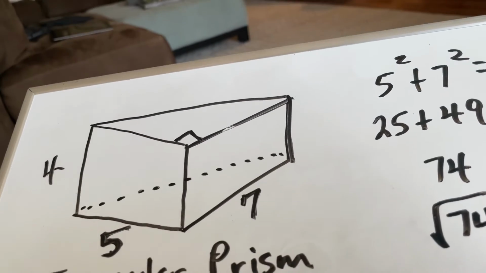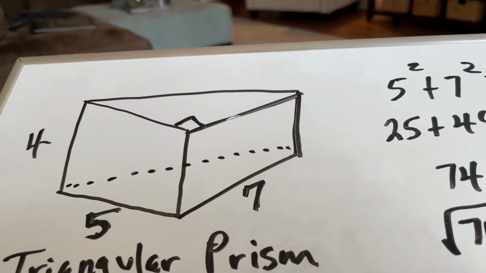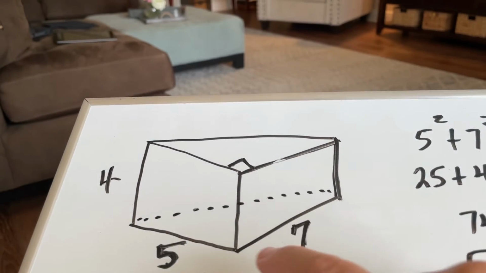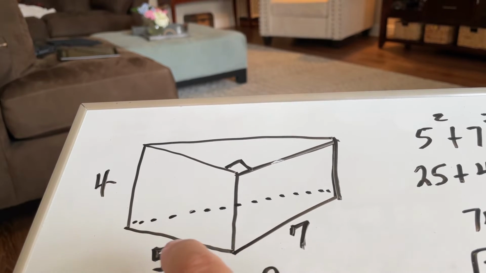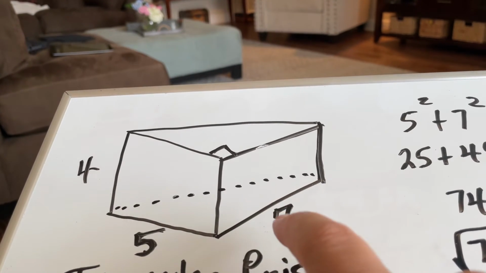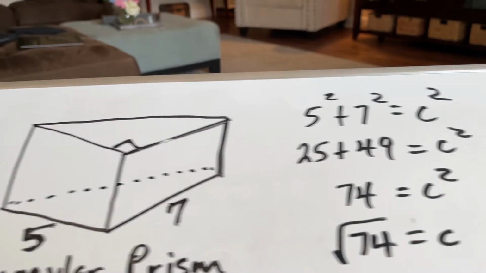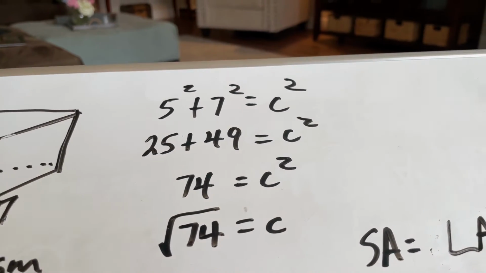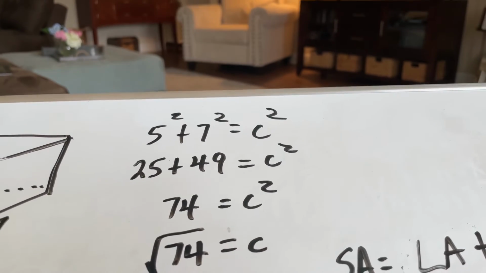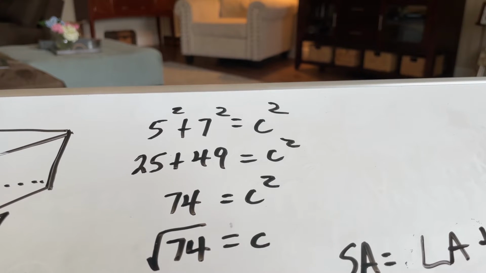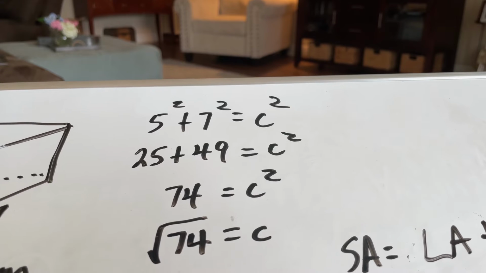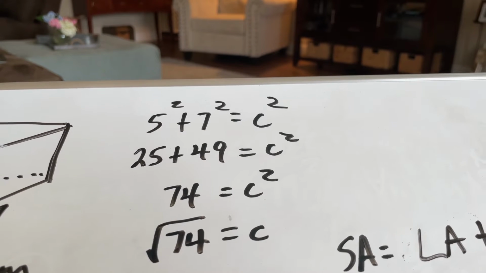So I'm going to have to use the Pythagorean theorem. Thinking about the bottom side, if this is 5 and that's 7 and it's a right triangle, then a squared plus b squared equals c squared, the hypotenuse. So 5 squared plus 7 squared equals c squared. 5 squared is 25. 7 squared is 49.